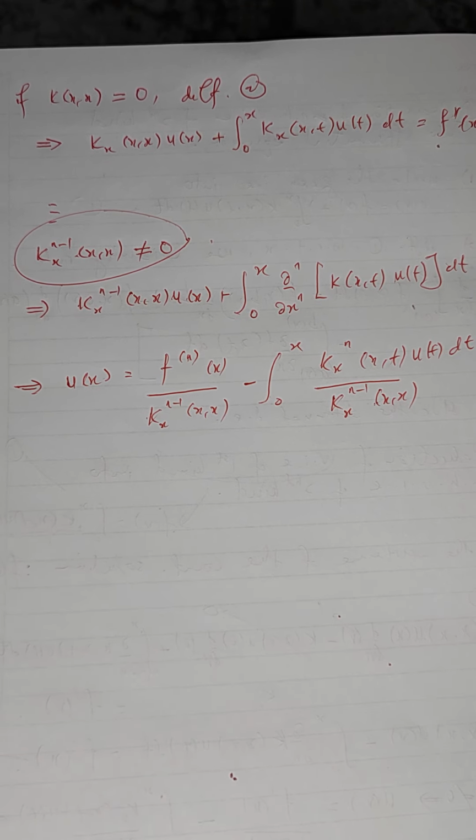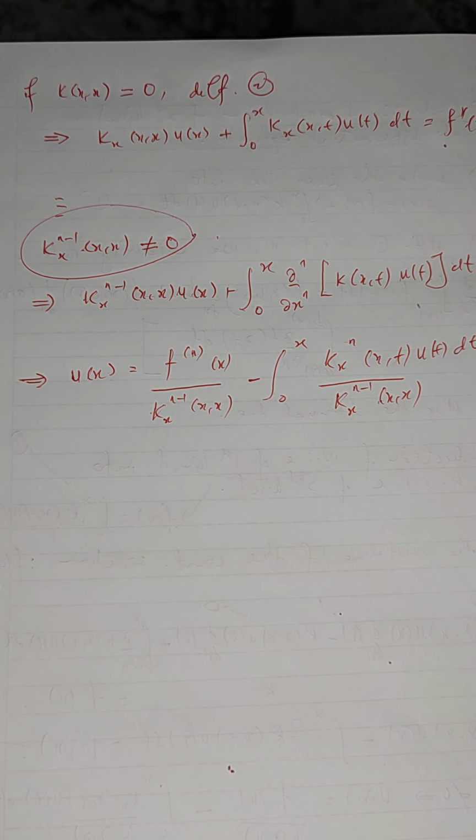So let's see an example of how to deal with the Volterra equation of the first kind. You remember, to solve a Volterra integral equation of the first kind, you need to reduce it to the Volterra integral equation of the second kind. From there, we have the solution in terms of the resolvent kernel.